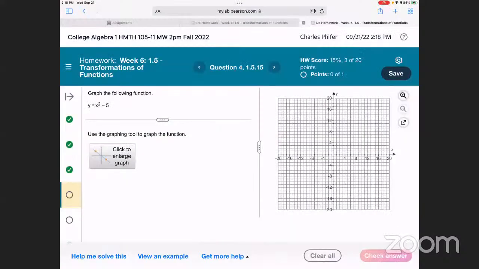But this one is not a poll. Graph the following function, right? So we got y equals x squared minus 5. So the root function is x squared, and then we're subtracting 5 on the outside. So each y value is brought down by 5. The x values stay the same. So it's just a U-shaped curve that should go down by 5.